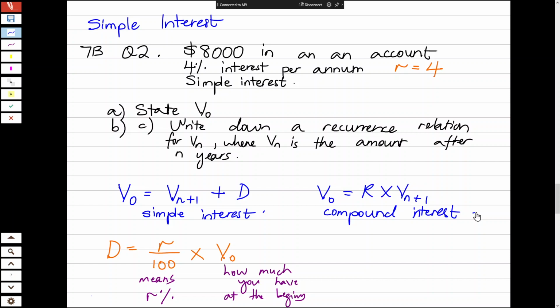As it grows, the ratio of the interest to your actual amount in the account goes down. So eventually it's like nothing after a while.